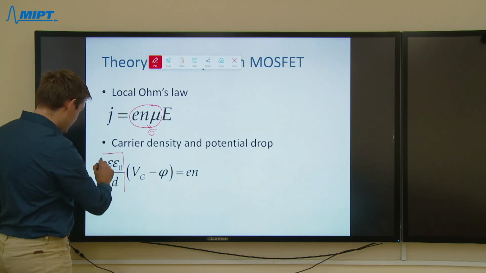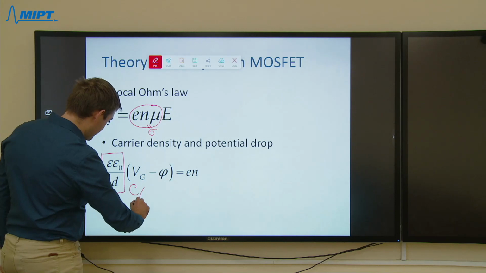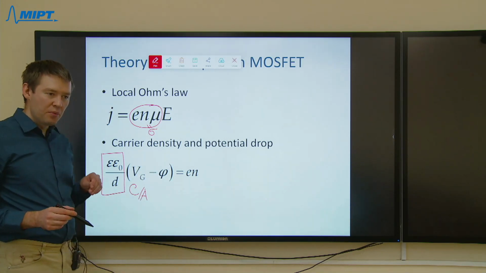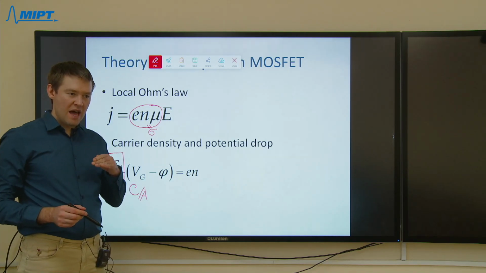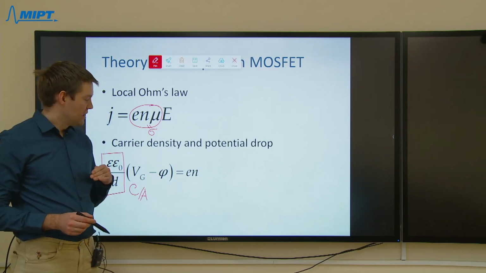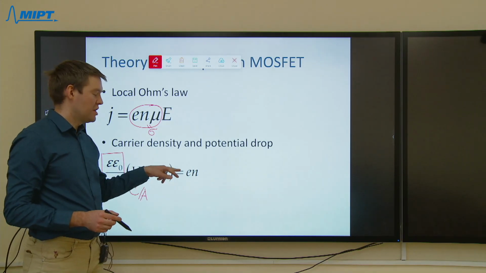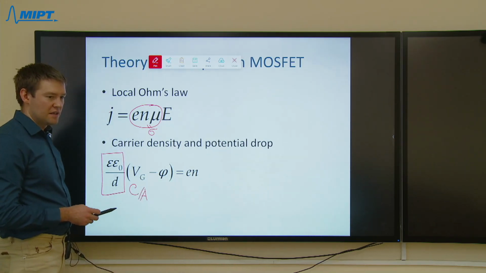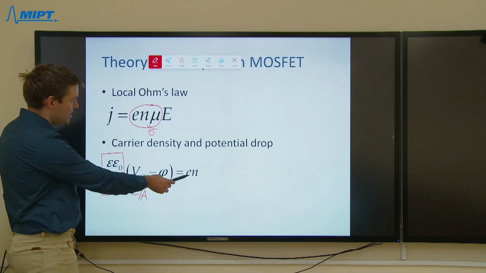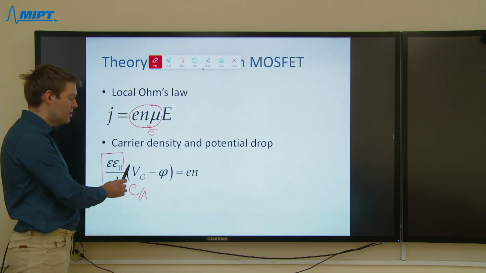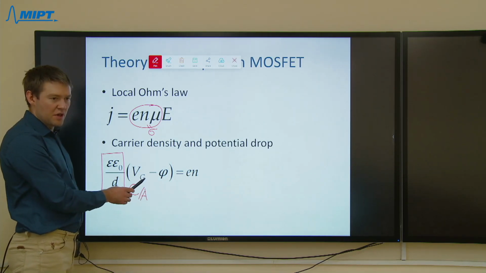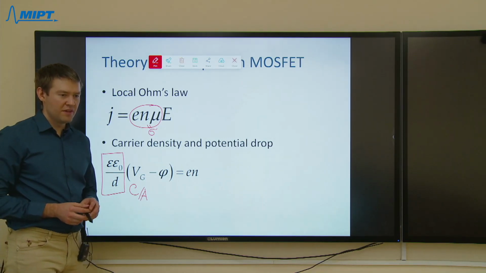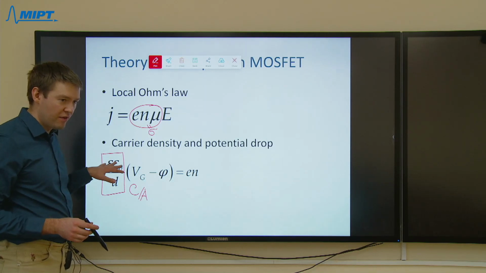The capacitance per unit area multiplied by the voltage drop between gate plate and semiconductor plate equals the charge on one of the plates of the capacitor. And from here it is seen that the carrier density is approximately a linear function of the gate voltage, when the conditions of validity for this expression will be clarified further.